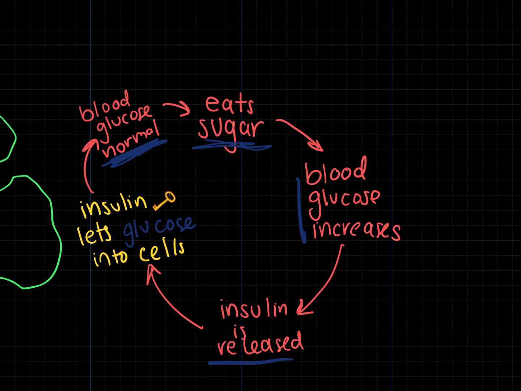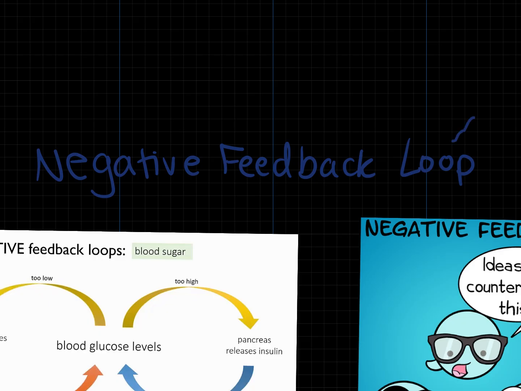So the whole goal of that whole process is returning blood glucose to normal. So when we eat sugar, that's disrupted our blood glucose levels. When we eat sugar, it increases our blood glucose, and this process with the insulin occurs to bring us back down to normal. That is called a negative feedback loop.